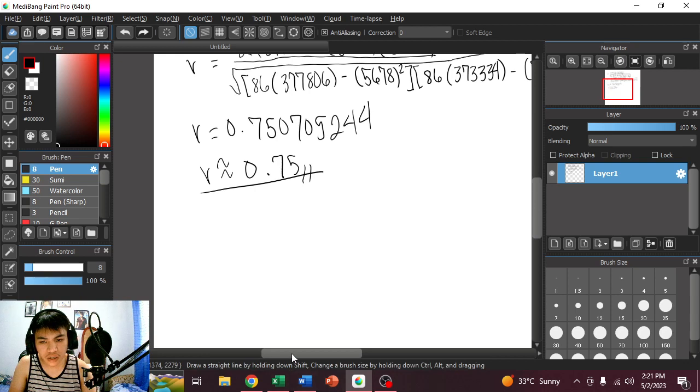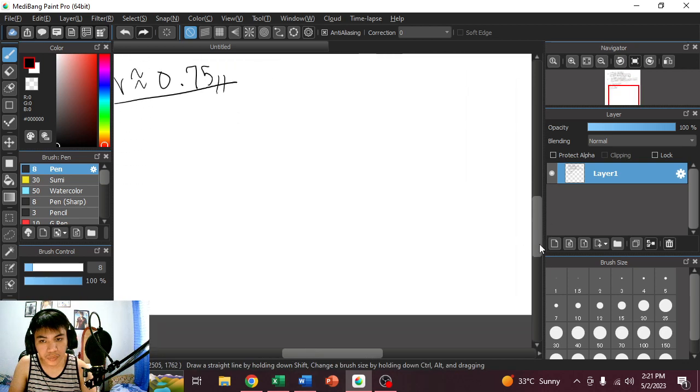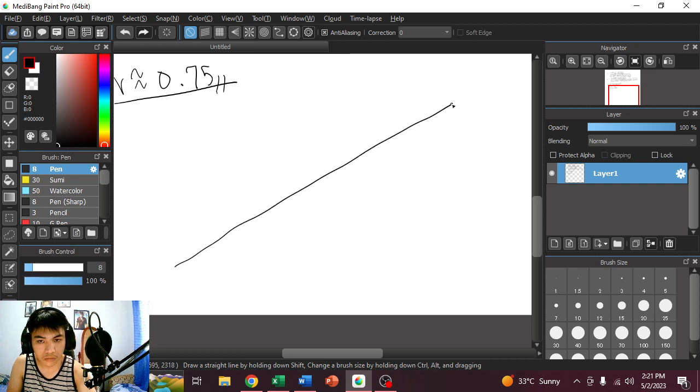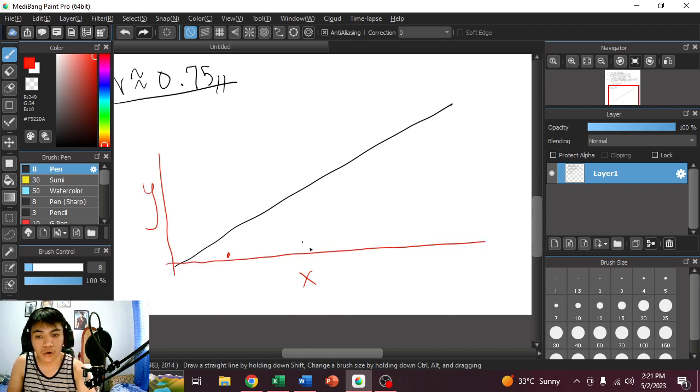So if we see that on a slope, say there's a slope right here, low x values would mean low y values, and high x values would mean high y values as well.